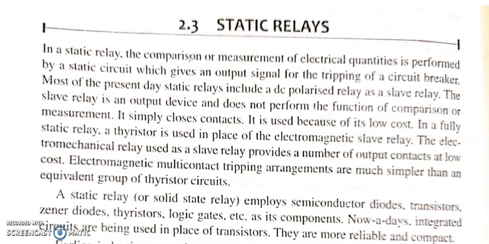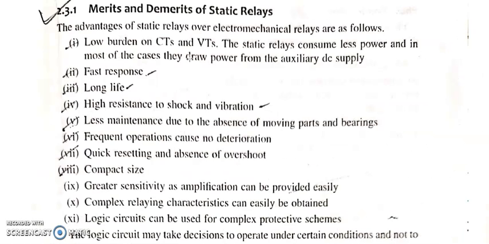So let's see now merits and demerits of static relays. Let us discuss first the advantages of static relays over electromechanical relays. At first we have, you can see, a low burden on CTs as well as VTs. Low burden in the sense what?